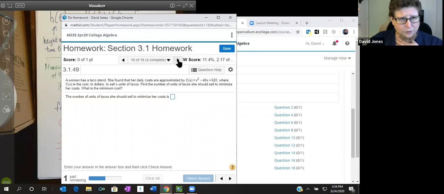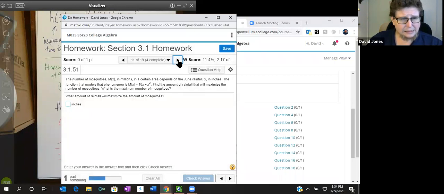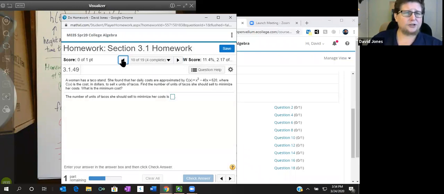Is number 10 the one I wanted to do? Nope. Is that another word problem for you to play with? Number 10, she finds her daily costs are x squared minus 40x plus 620.